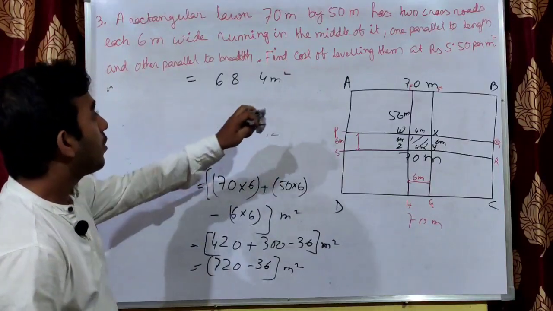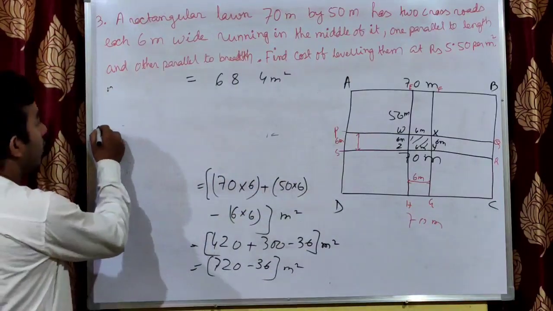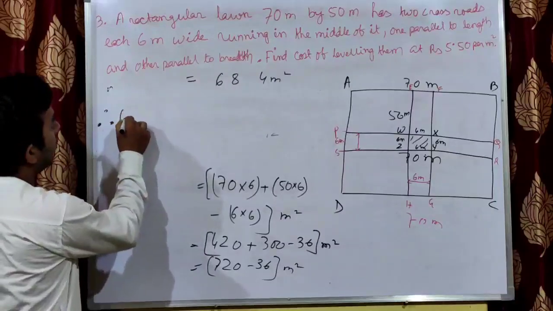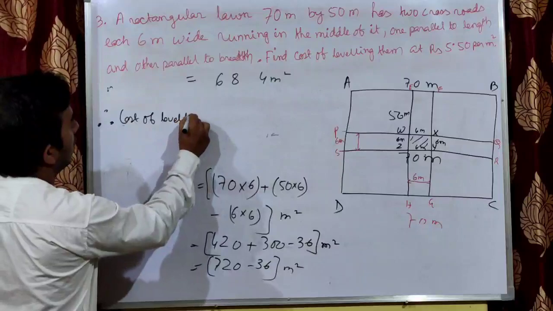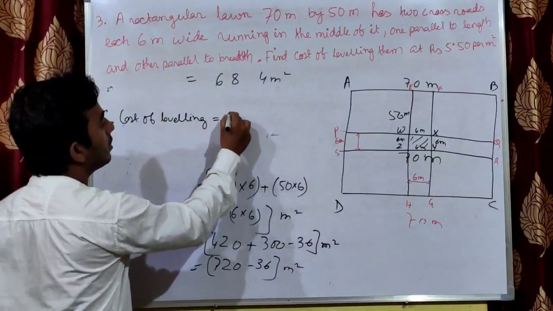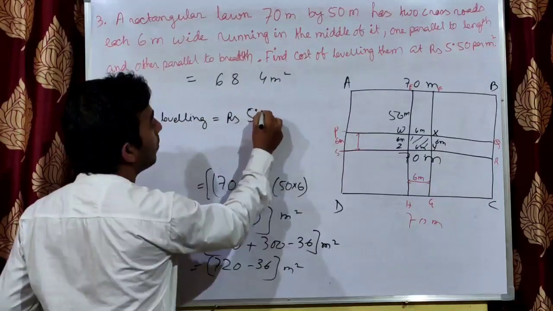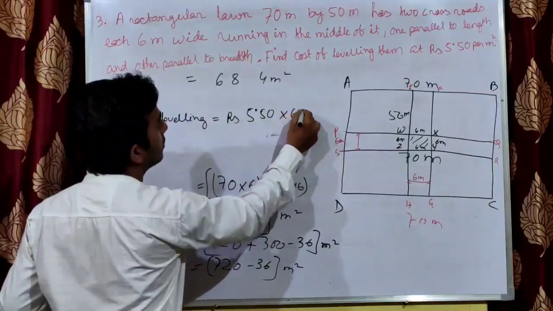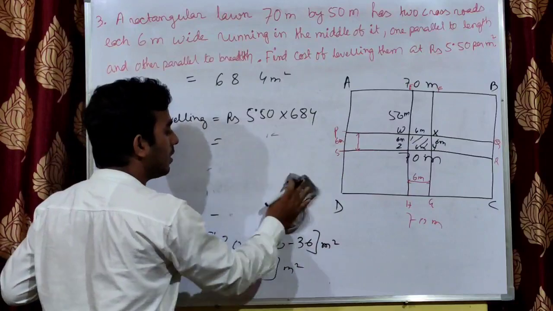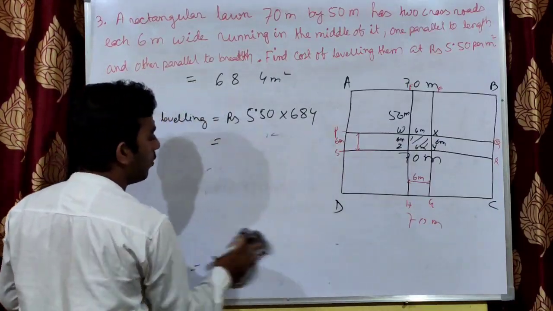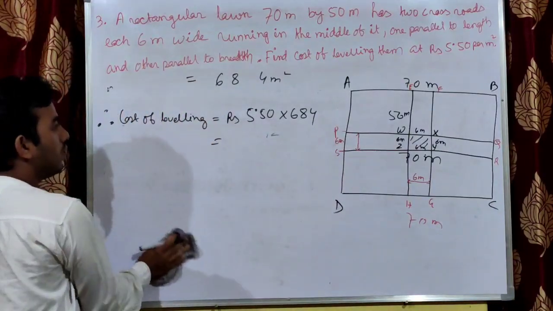Now we have to find the cost of leveling. Therefore, cost of leveling equals rupees 5.50 into 684. So if we multiply 684 with 5.50, we will find the total cost of the leveling.